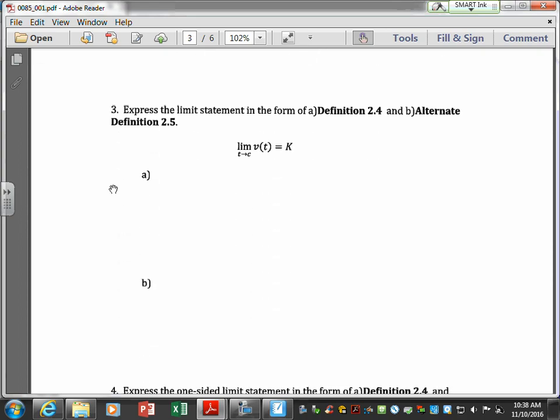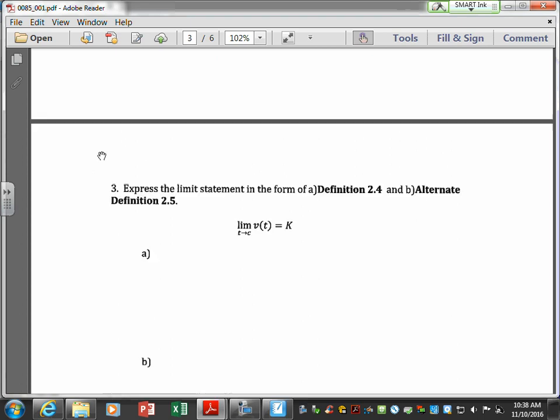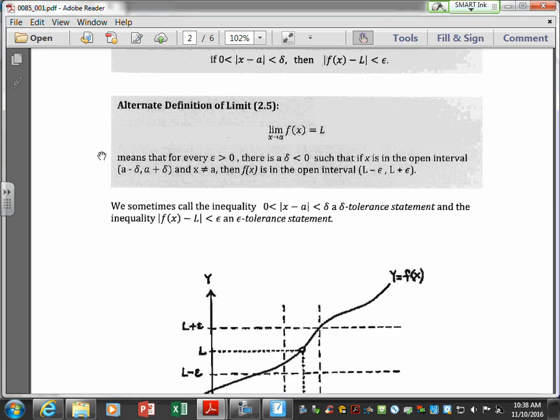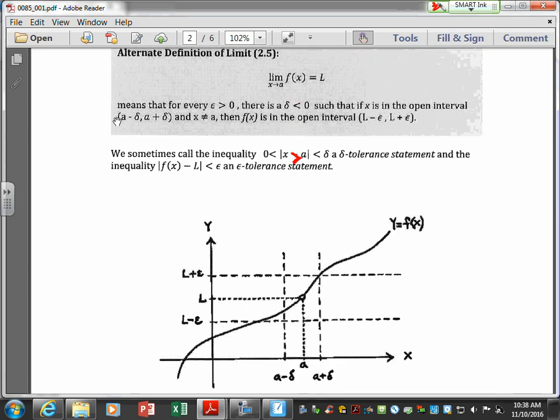The next thing we're going to do is practice expressing the limit statement in definition form and also the alternate form, which I don't think we even read over. Let's jump back up to this alternate form. The limit of f of x as x approaches a is equal to L just means that for every epsilon greater than 0, there's a delta greater than 0, such that x is in the open interval from a minus delta to a plus delta.